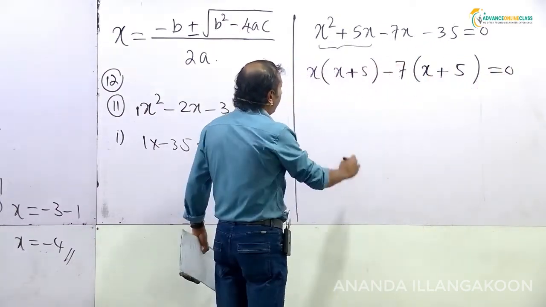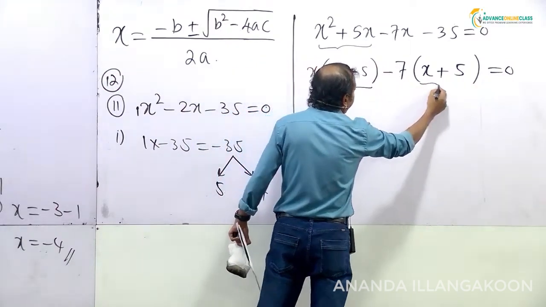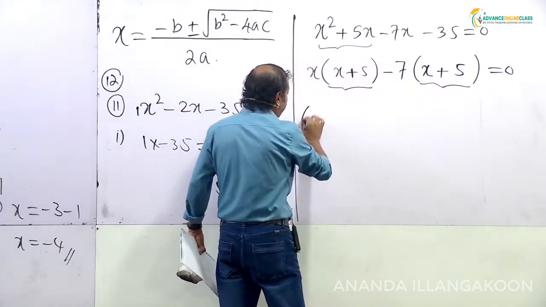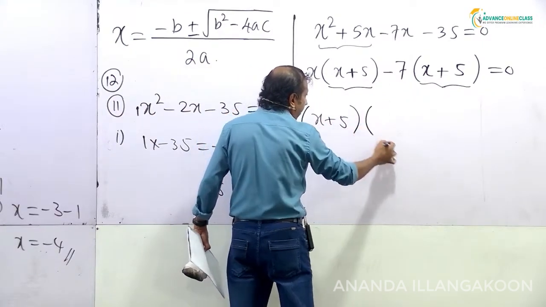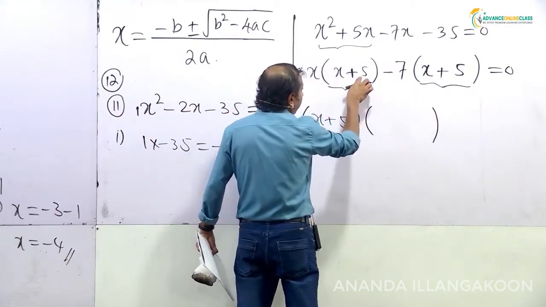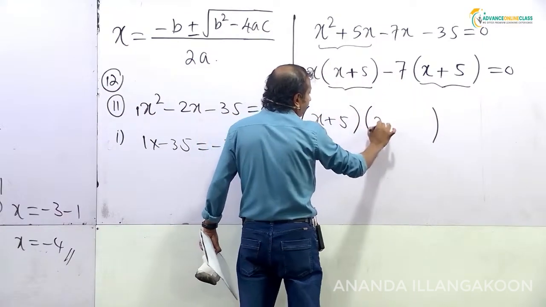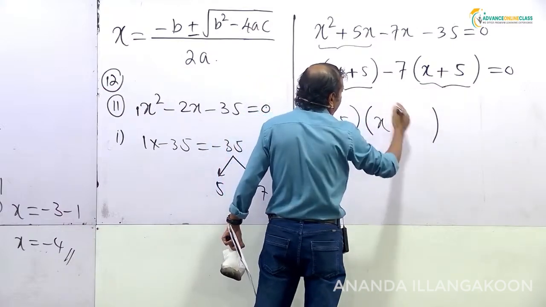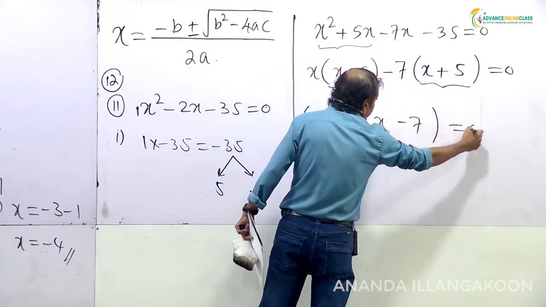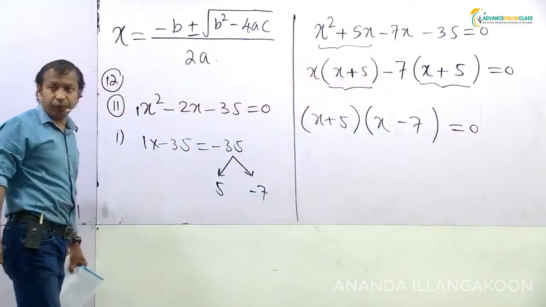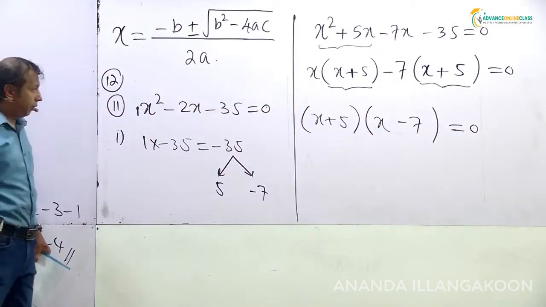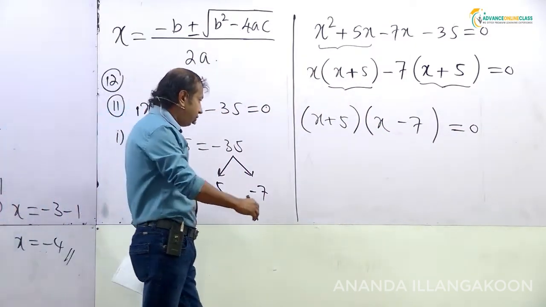Okay. Now, x plus 5 here, common. Take x plus 5 out. Then, here we have x. Once we take this x plus 5 out, we get minus 7. This is equal to 0 now. Okay. Right. Now we get this 0.